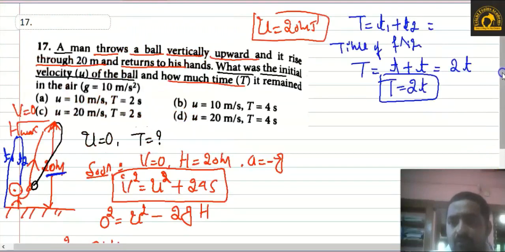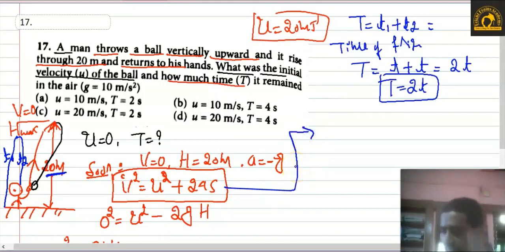So now we know the equation: v square is equal to u square plus 2as. What about the final velocity? The final velocity of the ball is how much? 0.